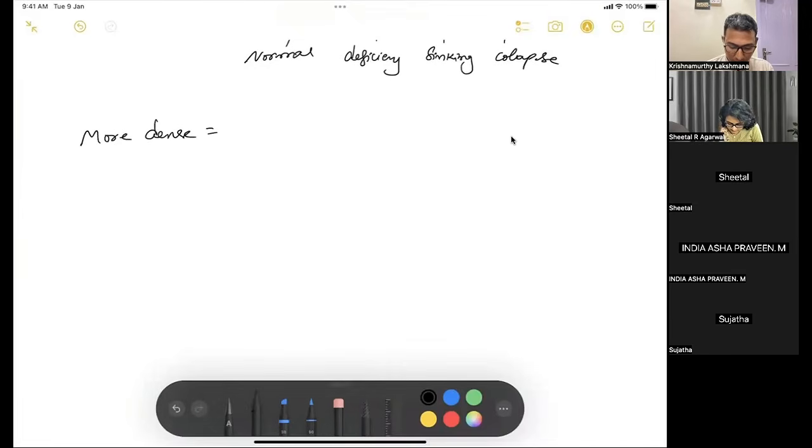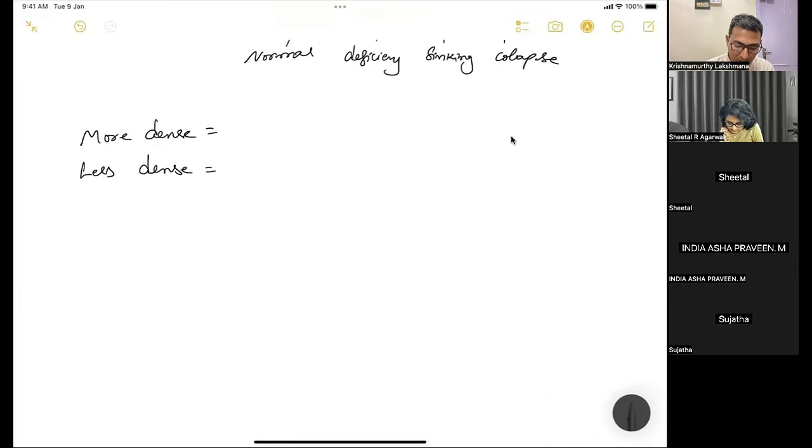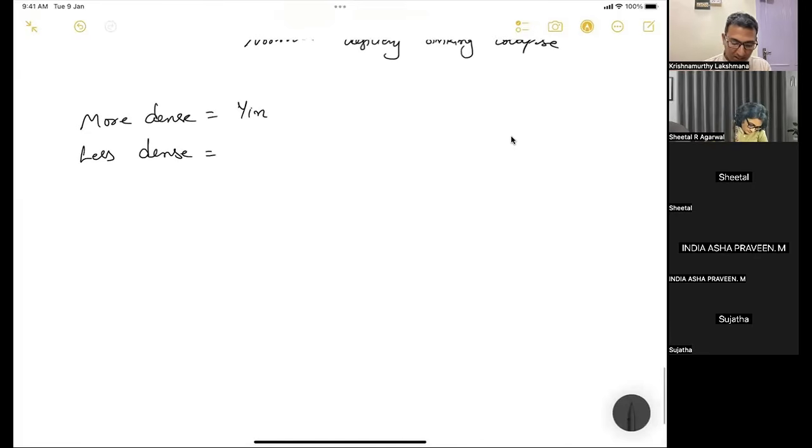More dense is what, yin or yang? Yin. The denser it is, the more yin in nature. The less dense it is, the less yin, more yang.